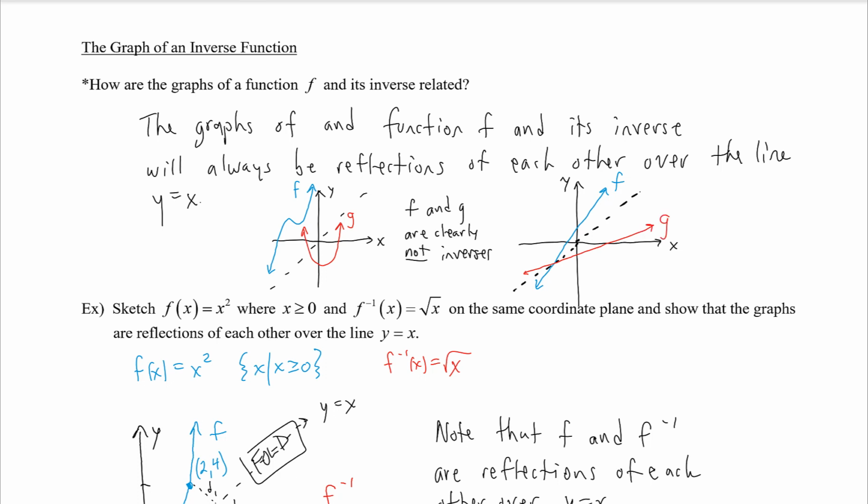Ooh, well, again, my hand drawing's not perfect, but I would look at that and say f and g might be inverses. Because if I were to fold the graph along y equals x, they might match up. Again, if I actually took some time and care in my graphing of these lines, it would look a little bit better. But you get the idea that this unique aspect of their graphs could help you automatically rule out that they're inverses, or maybe allow for the possibility of them being inverses.